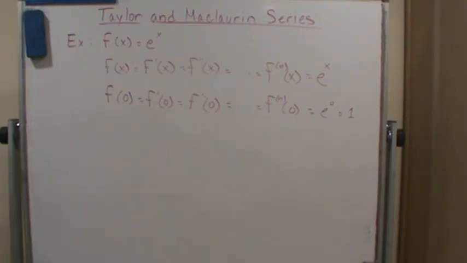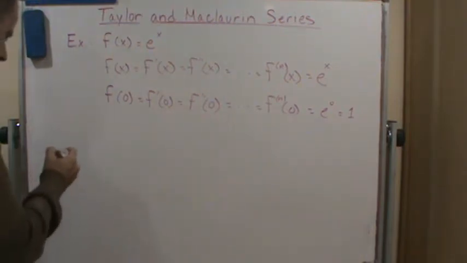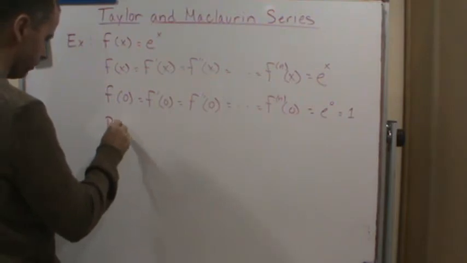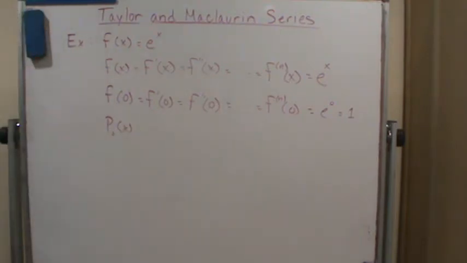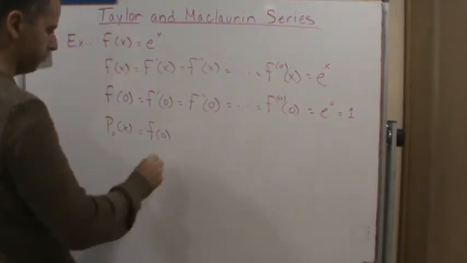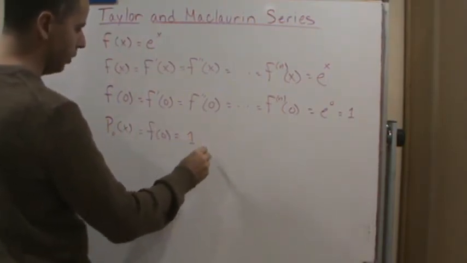So now we want P0 of x. P0 of x is equal to f of 0, which equals 1.